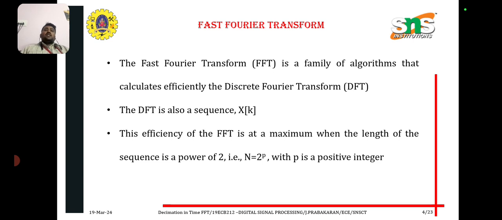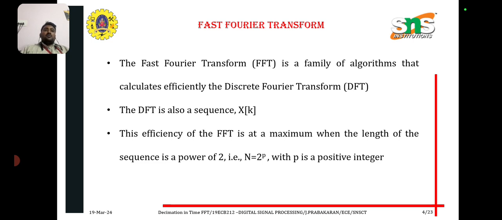FFT algorithms are typically categorized as DIT or DIF. Here we have two types of algorithm: one is the decimation in time algorithm, and another one is the decimation in frequency algorithm. In this lecture video, we are discussing only one algorithm, that is the decimation in time algorithm, from fast Fourier transform.